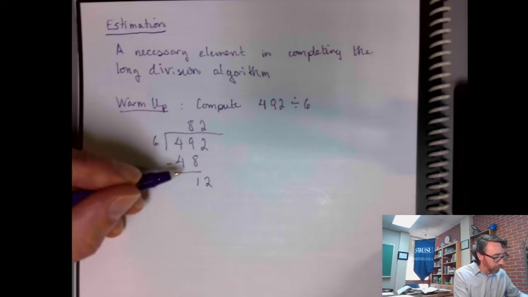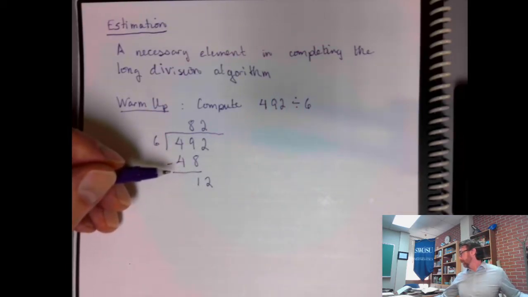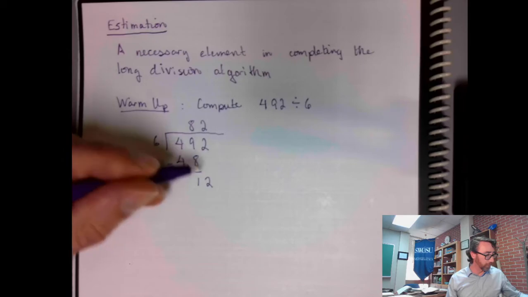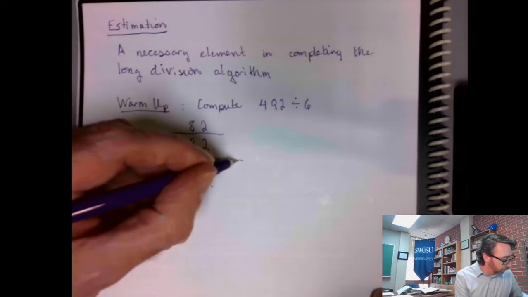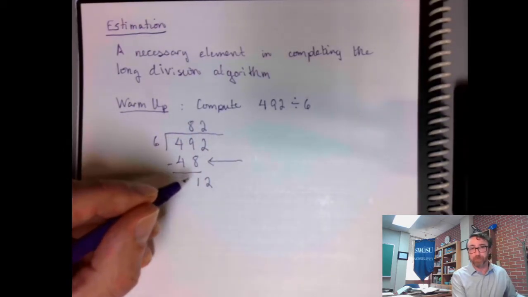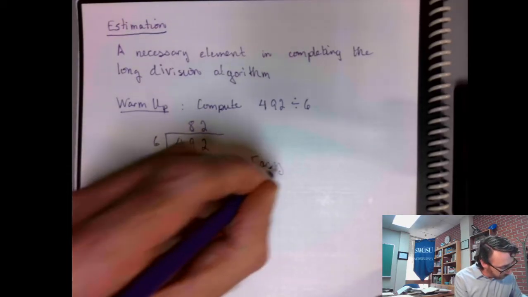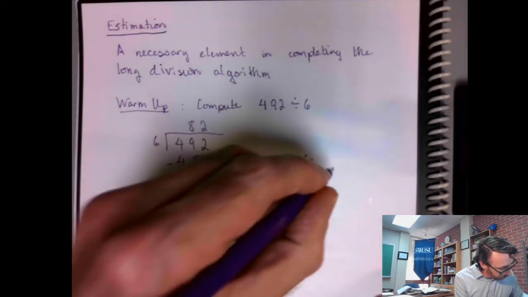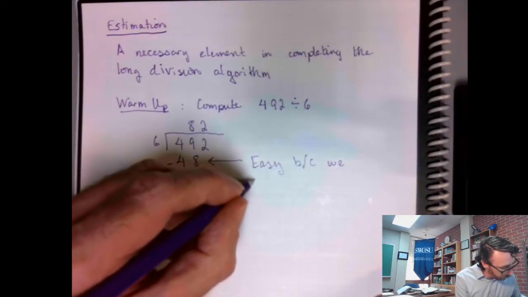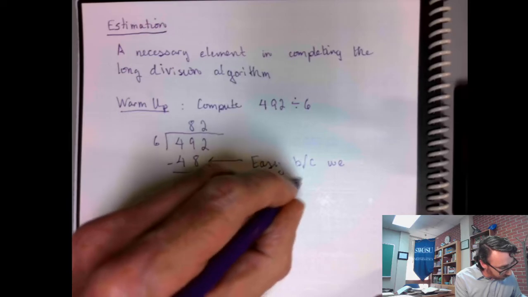Okay, now, thinking about this step right here, this step is kind of easy because we know the times table for 6.